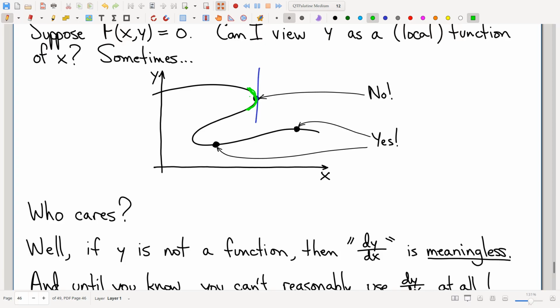Okay, so how a lot of high schools address this, unfortunately, is to just assume that y is a function of x, and they just start going around taking derivatives of things as if that's not nonsensical garbage. And then if something bad happens, they're like, ooh, hey, something bad happened. Oh, well, I guess we must have, okay, and then they make some interpretation from it.